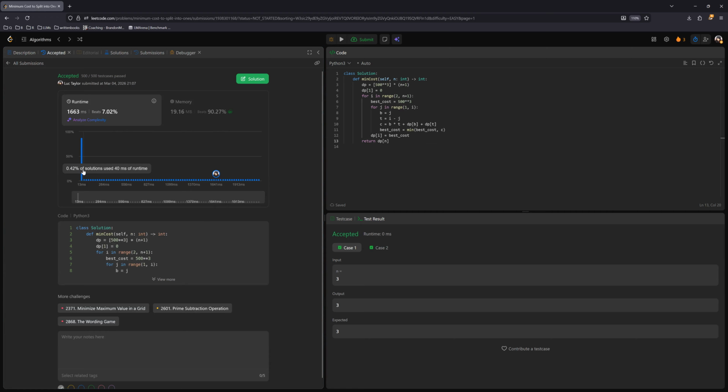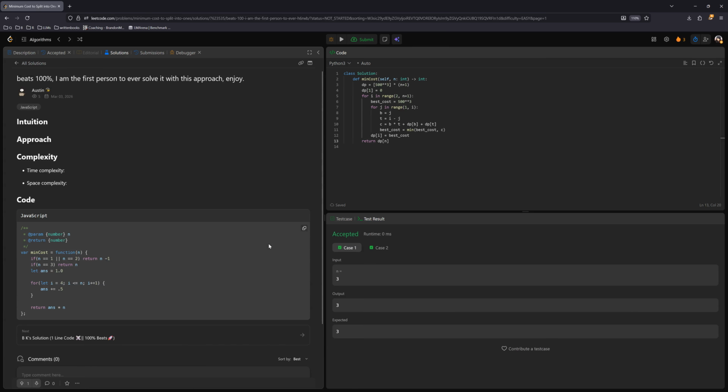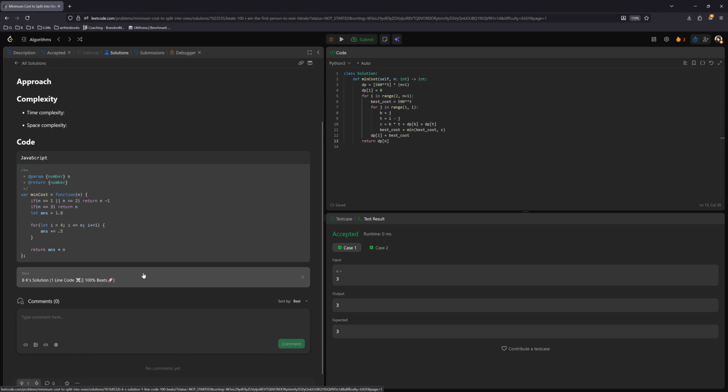Oh, shoot. Okay, if n equals 1 or n equals 2, return n minus 1. If n equals 3, return n. Let answer equals 1. If i equals 4, then i is less than or equal to n. i plus equals 1, answer plus equals 0.5.